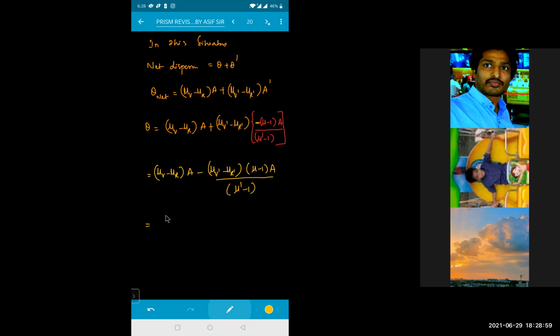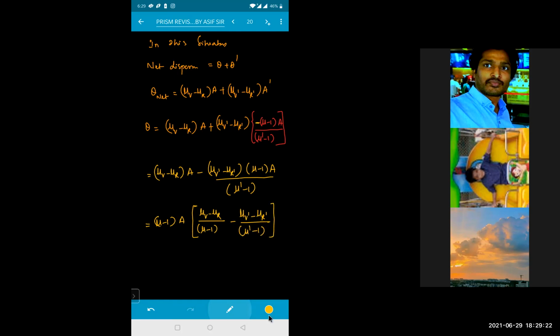So what can I take common in this one? Mu minus 1, if I am taking common, then divide by mu minus 1, because A I am taking common right now. So this will become mu v minus mu r divided by mu minus 1, minus mu v dash minus mu r dash divided by mu dash minus 1.